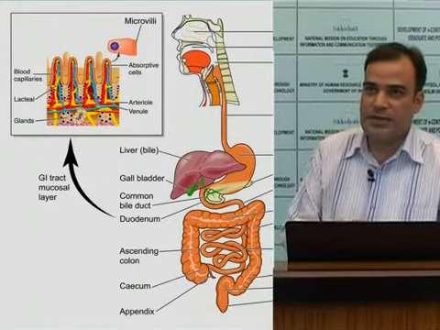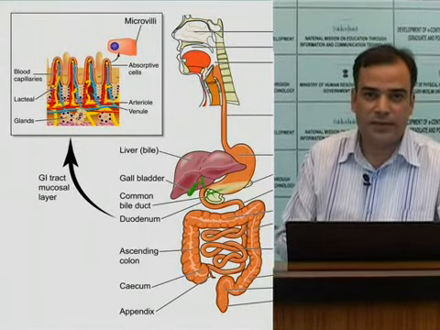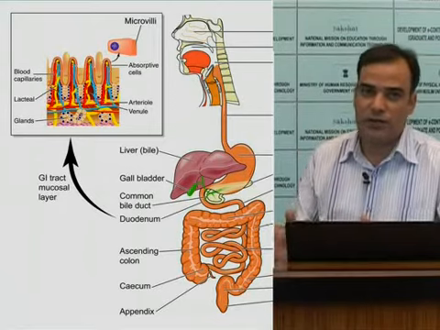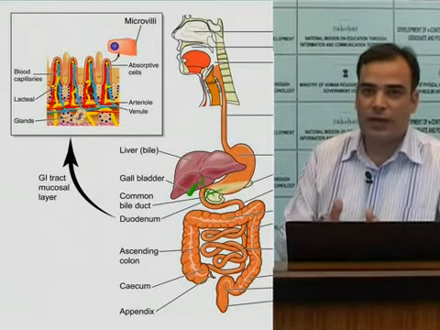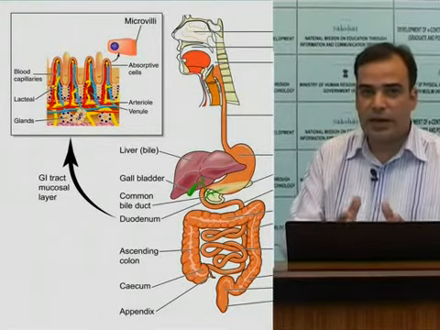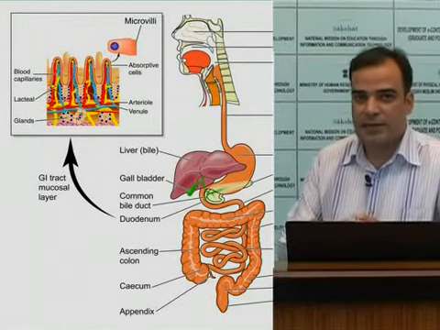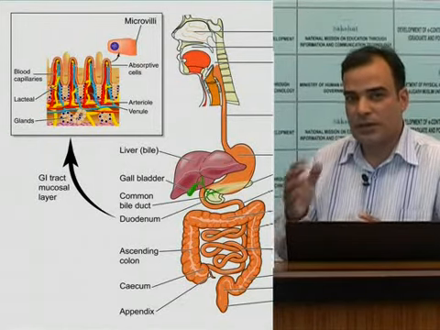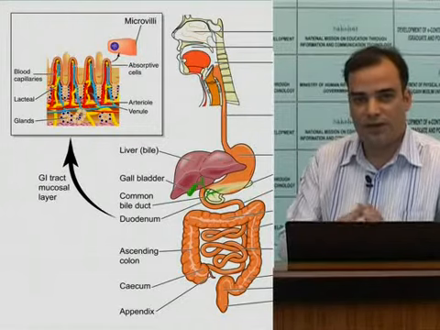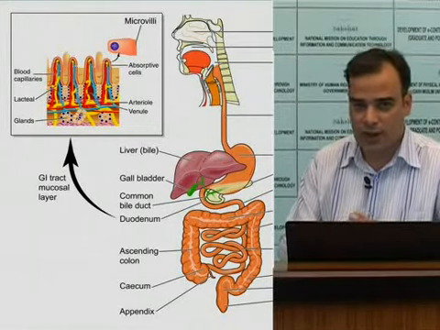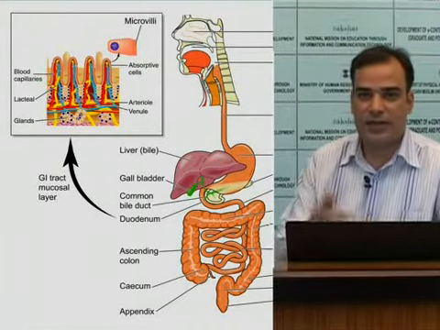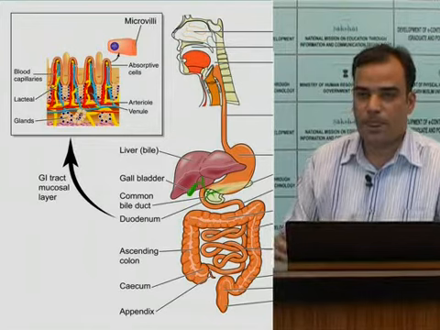In fact, the enzymes present in the pancreas digest all types of food. That is, if we divide the food, it can be divided into three categories: carbohydrates, fats and proteins. Pancreas has the enzymes for all the three groups: enzymes for the digestion of the fats, enzymes for the digestion of carbohydrates, and enzymes for the digestion of proteins.